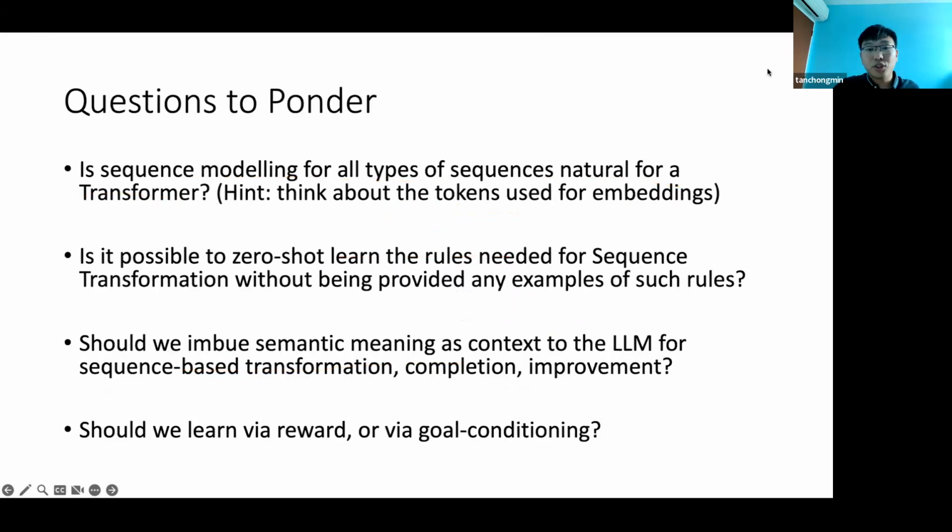So these are some questions to ponder before we end today. The first is: is sequence modeling for all types of sequences natural for a transformer? Maybe I'll answer first, then we can invite some time for you all to answer as well. I feel like not all sequences are natural. Numbers are not natural because the embedding space is usually meant for words.